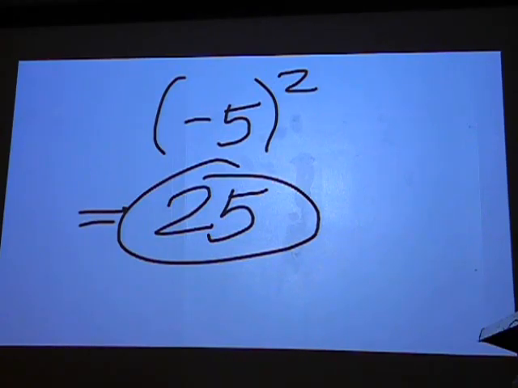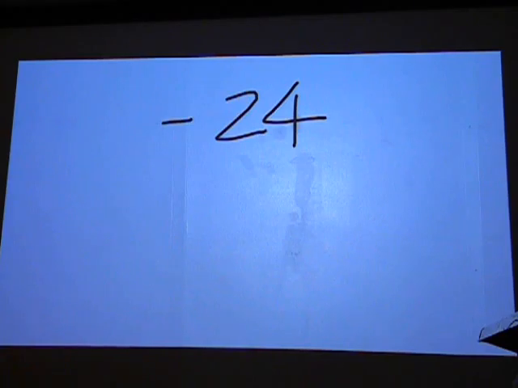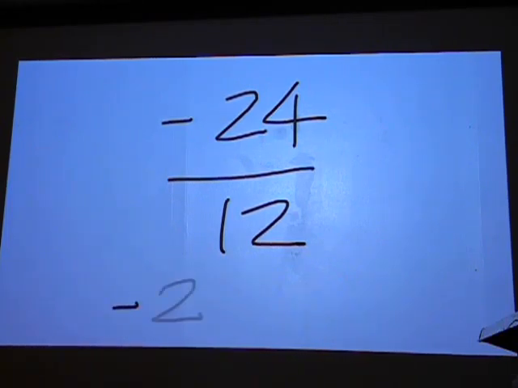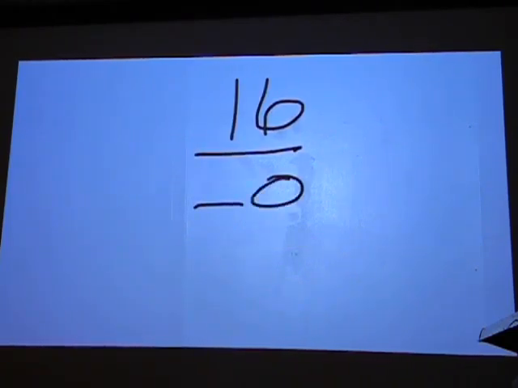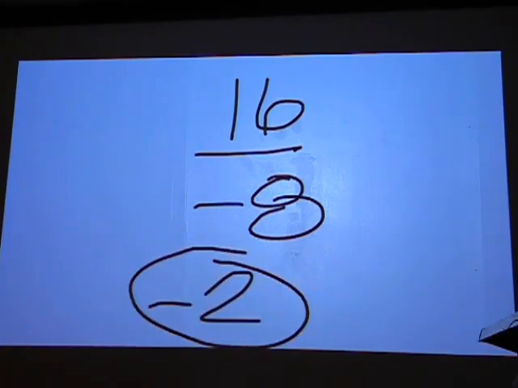Okay, next up is going to be fractions. If you have a -24 over 12, what's the answer? -2, yes, because the signs are different. What if you have a +16 over a -8? What's the answer? -2, the signs are different.